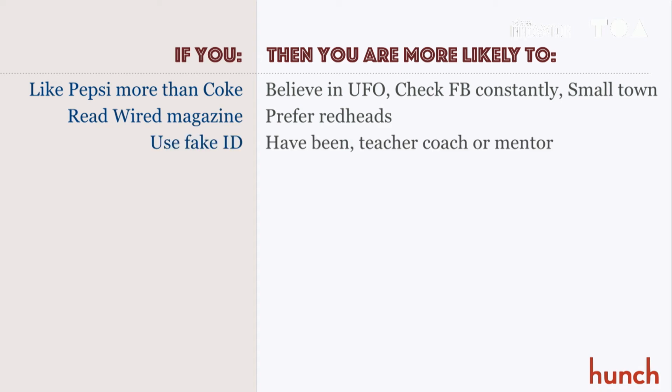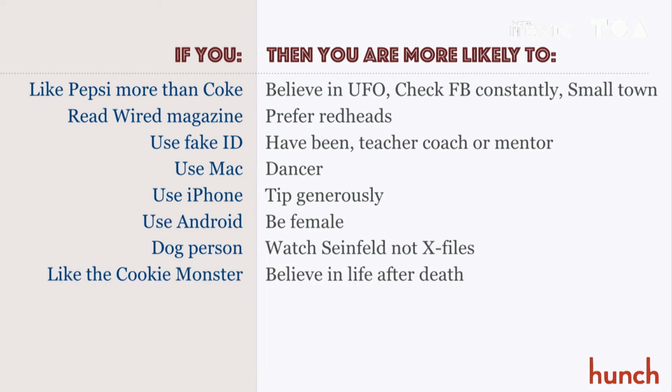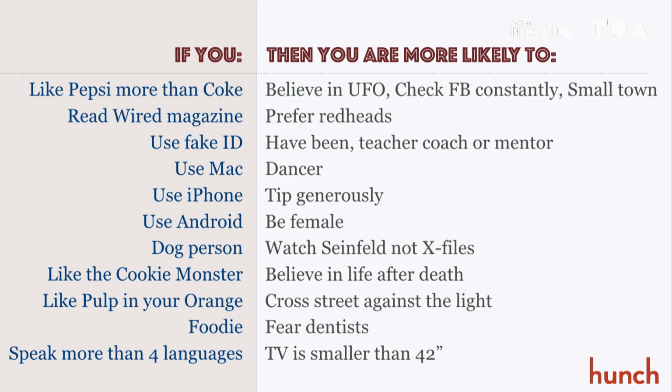If you use a fake ID, half of the room, you've been a mentor, and so on, and so on. See, what is the human context? Data doesn't lie. You just need to ask the right questions. By the way, if you like the Cookie Monster, you believe in life after death. Hilarious.